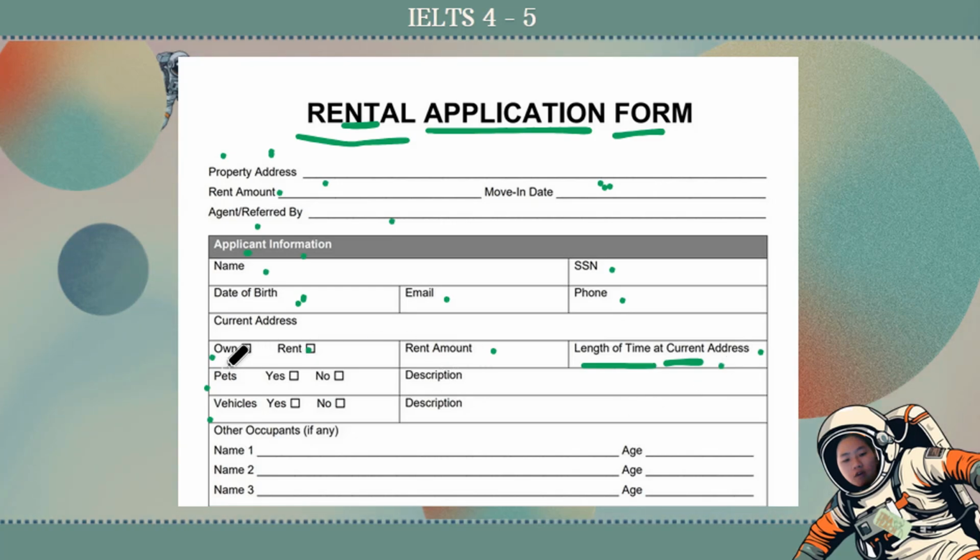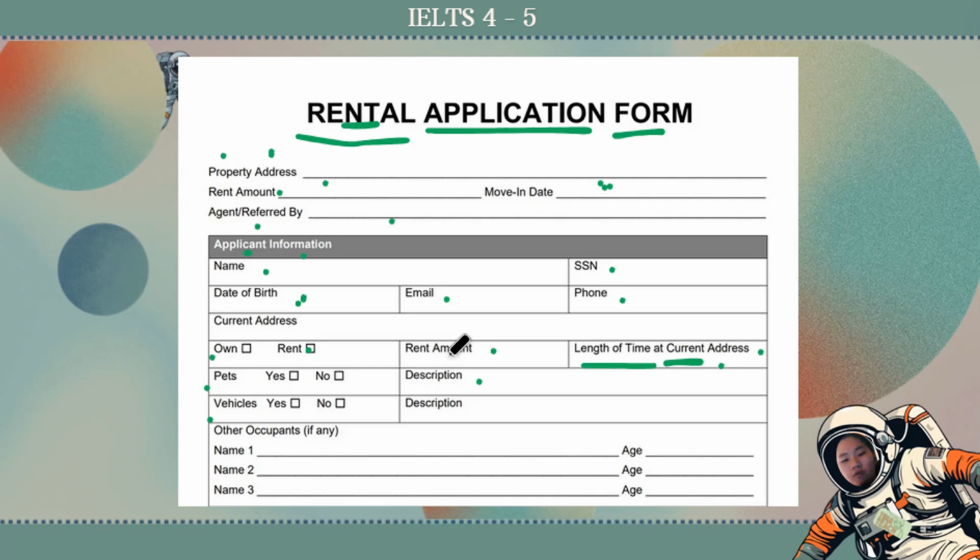Next up, over down here, we have pets and description. So this is the description of the pets. If you have any, let's say you have a cat, you can say, oh, I have a black cat that's 2 months old, for example.